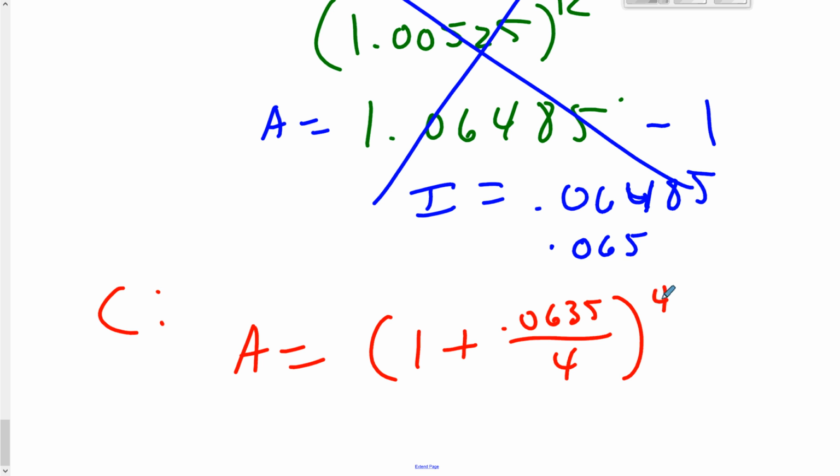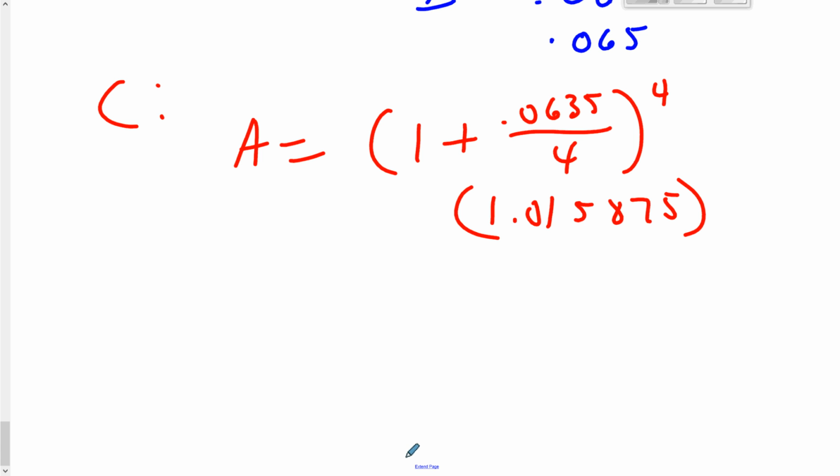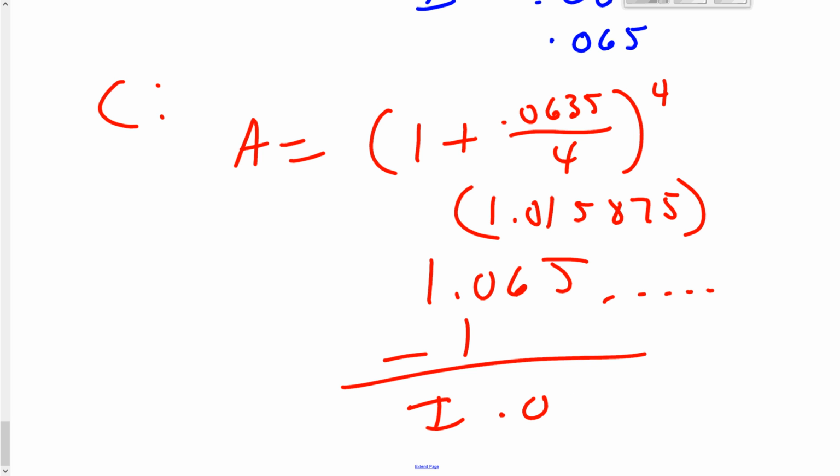Take your rate and divide it by how many times per year, which is 0.015875. That last 5 might be rounded. So I'm just going to push plus 1 in there. So it's 1 point that, and then I want to push the hat button, and I'll raise it to 4, and that equals 1.065, and so on. Now I want to subtract my principal, 1, and so my interest for this one is 0.0652, and it keeps on going.